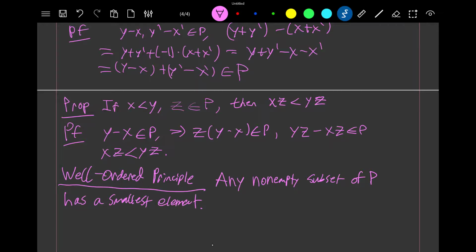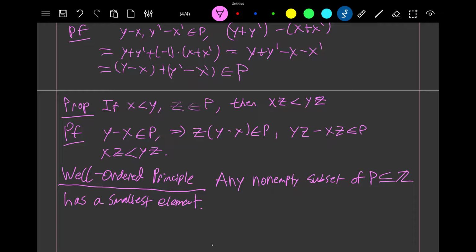And here we're talking about the integers, so we're talking about the positive integers. Just thinking about what the positive integers are, 1, 2, 3, 4, 5, 6, 7, 1 is the smallest out of that.